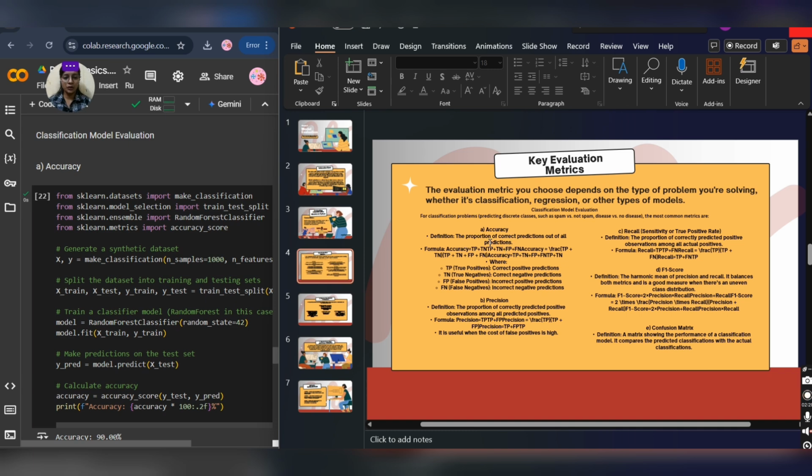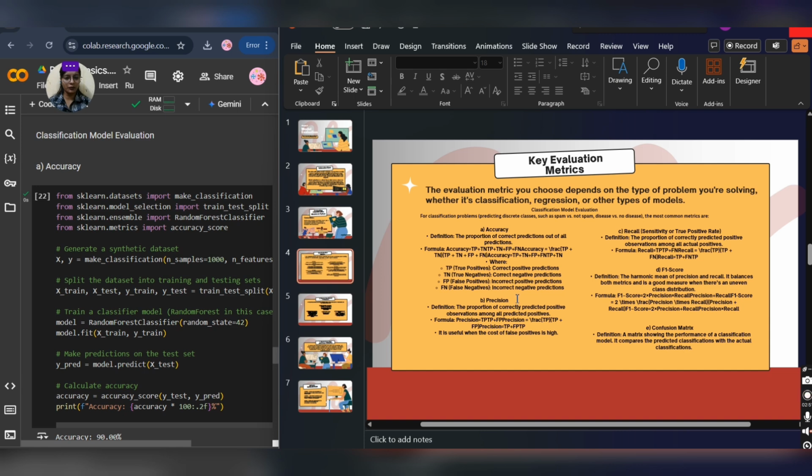In accuracy, the proportion of correct predictions out of all predictions is calculated. This is the formula for calculating the accuracy metric, where TP stands for true positive, TN stands for true negative, FP for false positive, and FN stands for false negative.